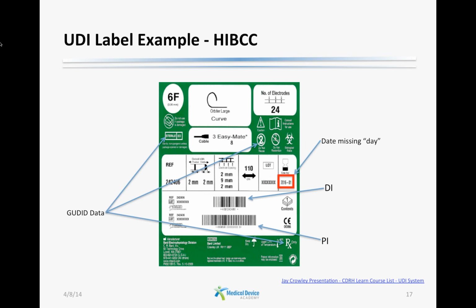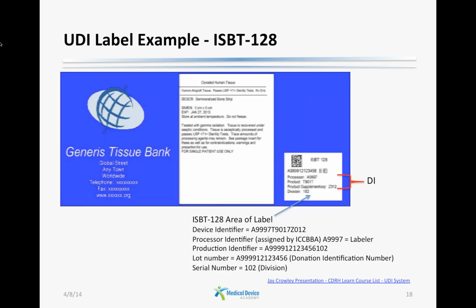The third accredited issuing agency, International Council for Commonality in Blood Bank Automation, ICCBBA, uses the ISBT 128 standard for its UDI labels. The important thing about this UDI format is that it contains donation identification numbers.